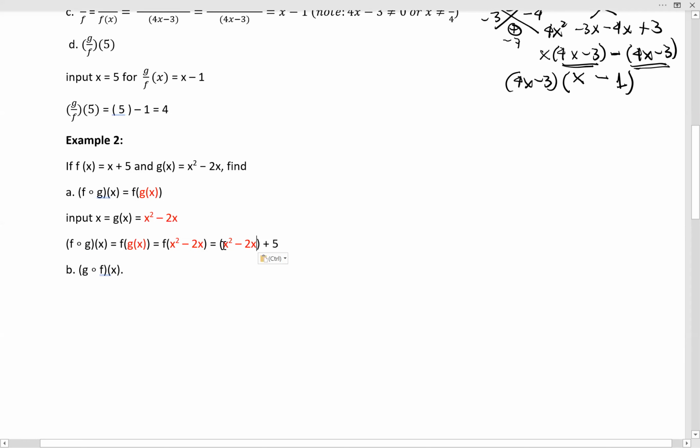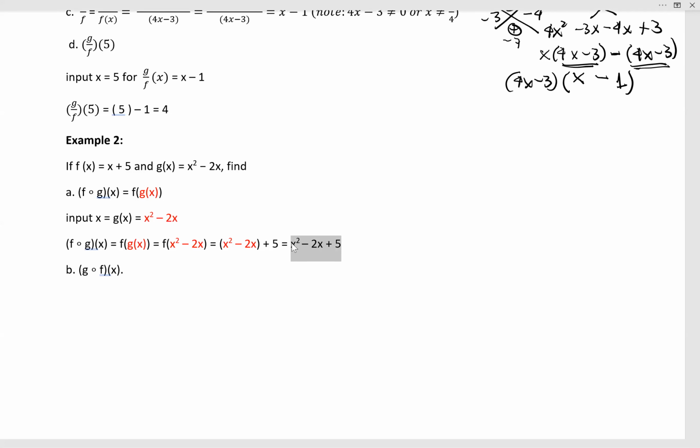All right, and now simplify. I have x squared minus 2x plus 5. And now that is the answer for part A.